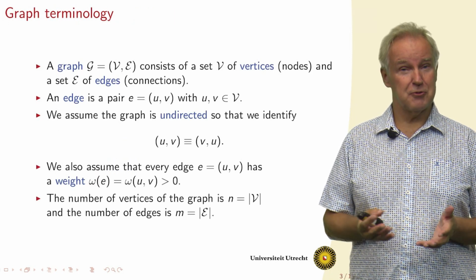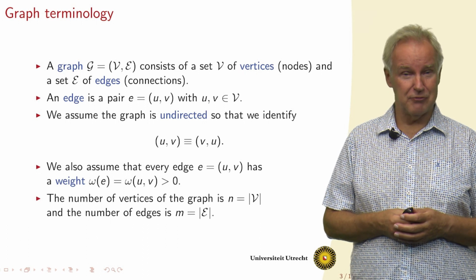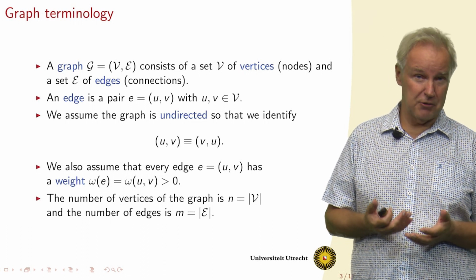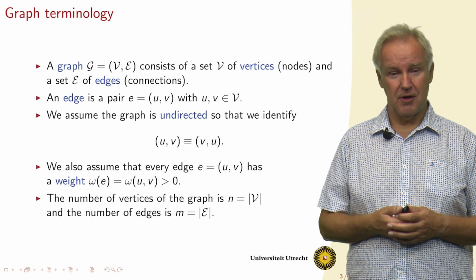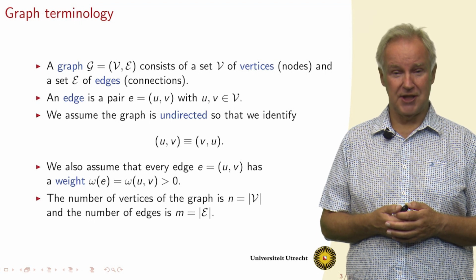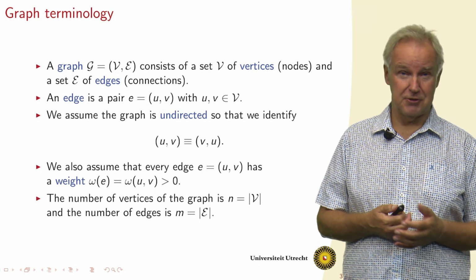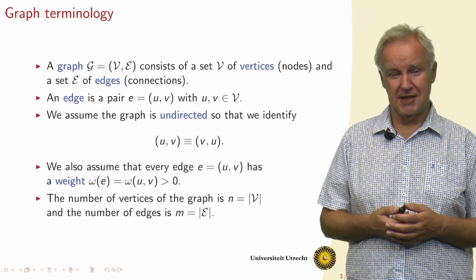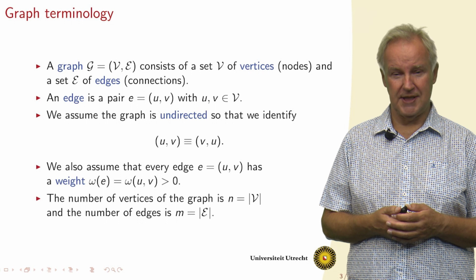So first we define some graph terminology. A graph is a set of vertices V and a set of edges E. The vertices are also called nodes. The edges are the connections between them.